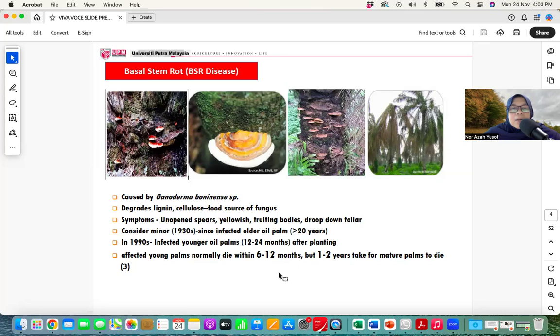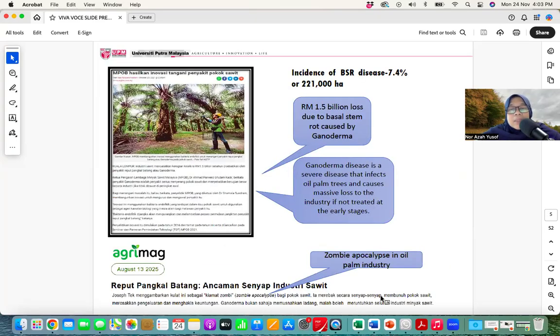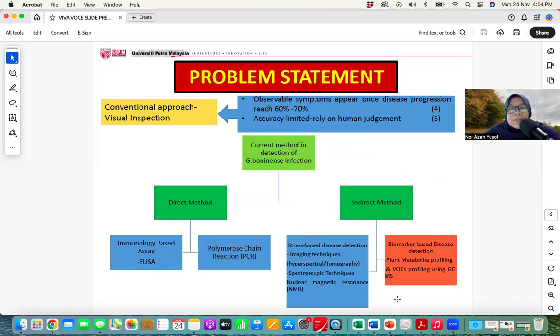This is the issue of basal stem rot, and it is considered the zombie apocalypse in the oil palm industry, because once it infects a plantation, the means of infection is through soil, so it will also affect other trees, and it results in a lot of loss. I'm just giving you an introduction on this.